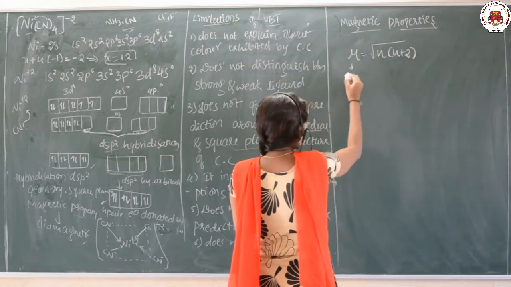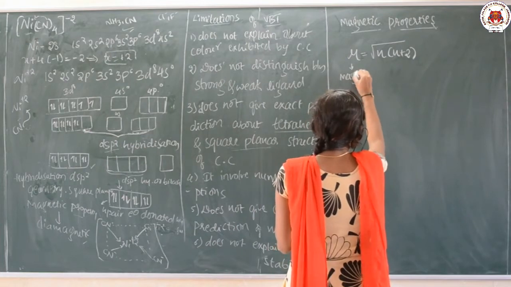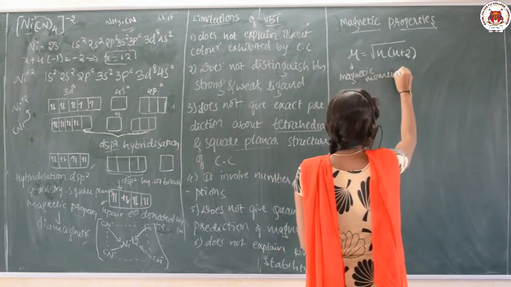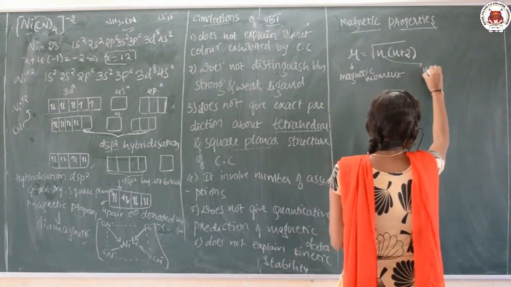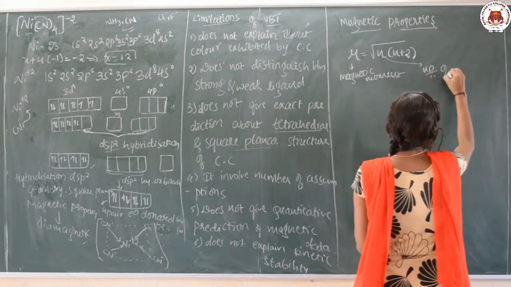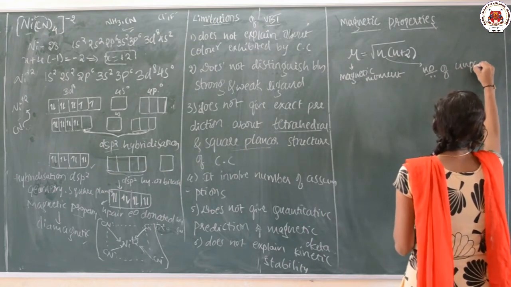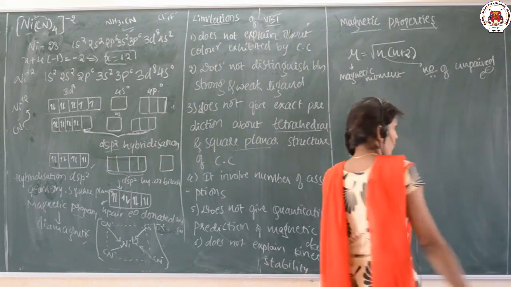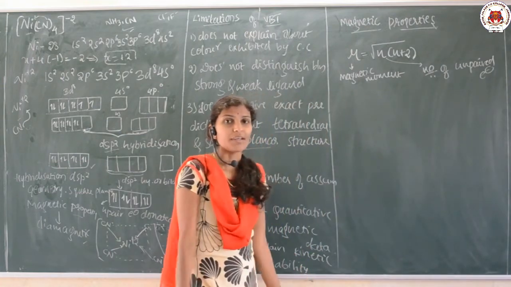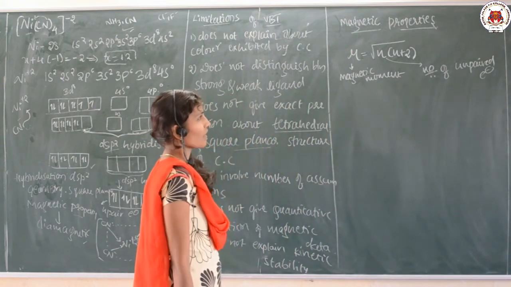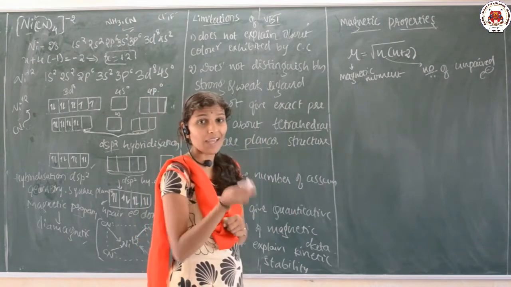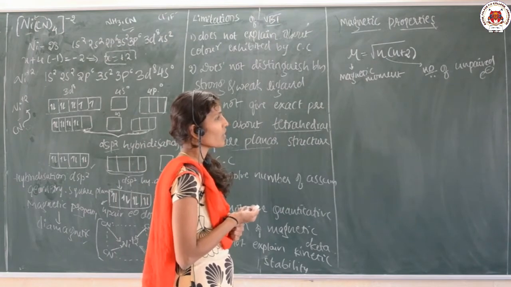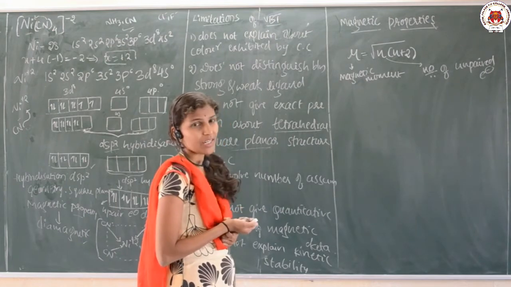Here mu is the magnetic moment and n is the number of unpaired electrons. On the basis of this formula, we can predict whether the given complex is paramagnetic or diamagnetic.